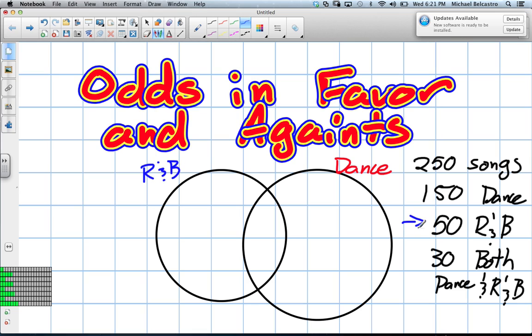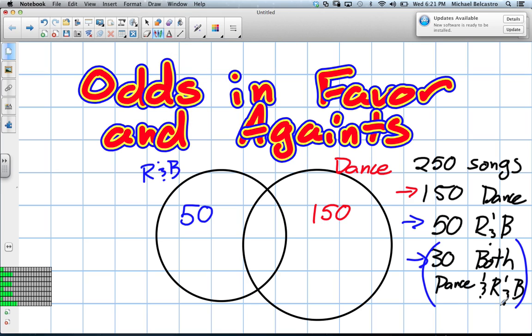Here it says that there are 50 R&B. So let's fill this with 50 to start. Okay. And it also says that there are 150 dance songs. But then it says that there are also 30 songs that qualify as both. So like you spoke earlier, we're going to eliminate 30 from each of these and put that into the middle.